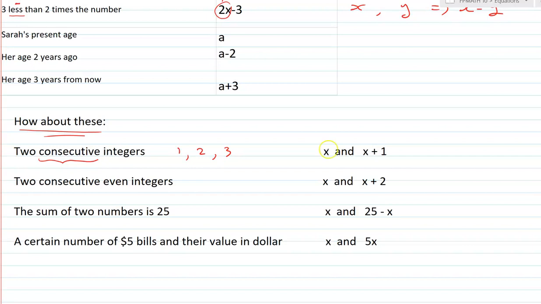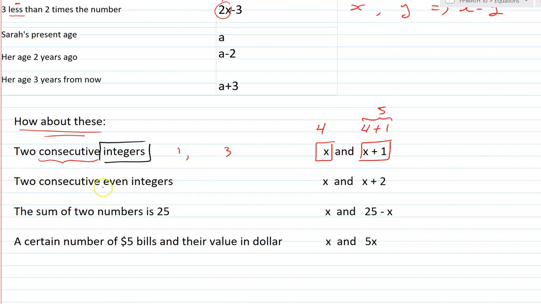So if the first number is x, to get the next consecutive number, and in this case we are looking at an integer, that means basically a whole number, no decimals or fractions or anything like that, we just have to add 1 to it. Simple as that. So if the first number is 4, the next number will be 4 plus 1, which is 5. That's it.